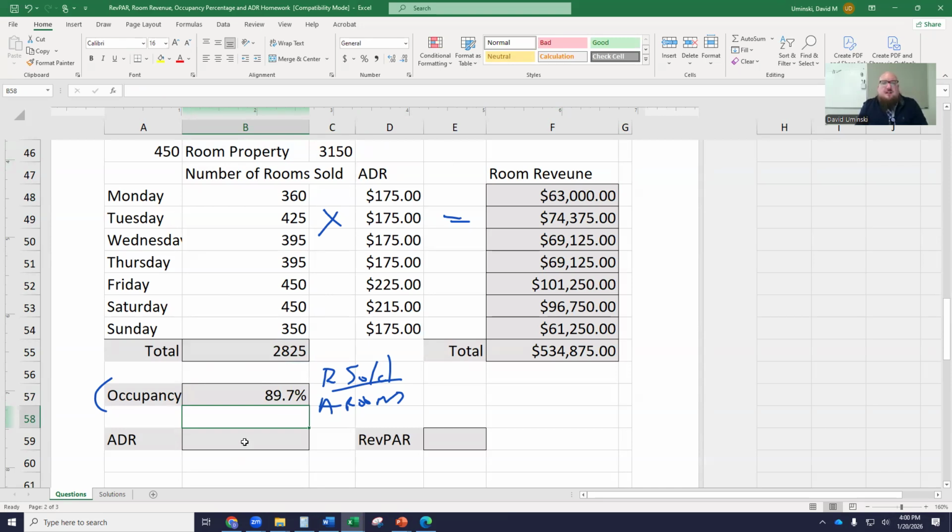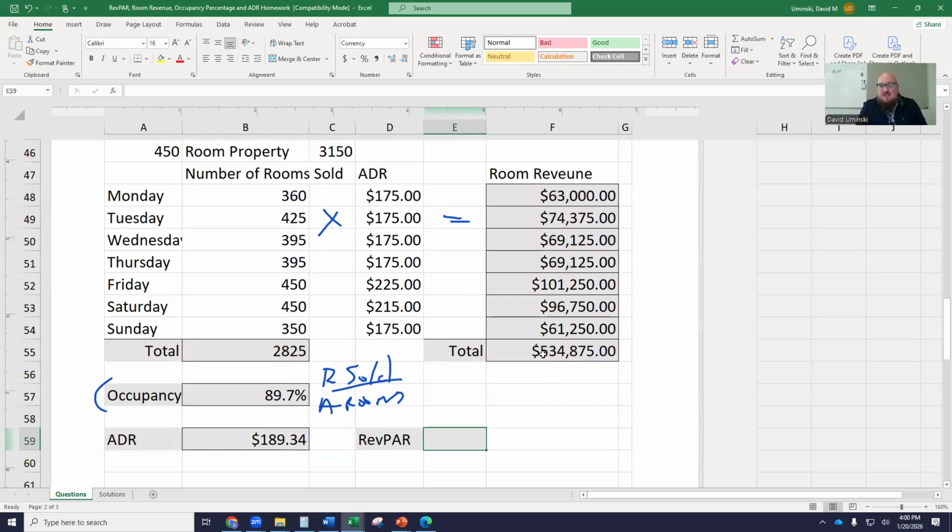For our average daily rate, we're going to take our total revenue and divide it by the number of rooms that we actually sold to give me $189.34. And then our RevPAR is our revenue per available room.